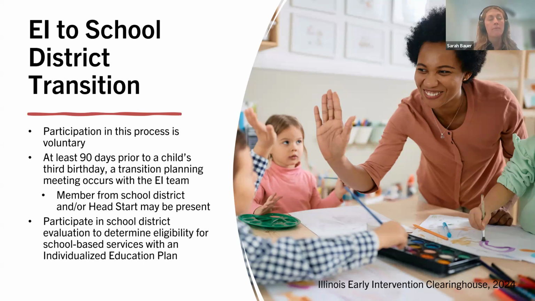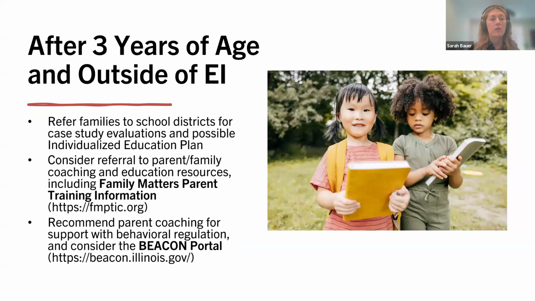If families have not been able to access early intervention, as I mentioned a couple paragraphs ago, I think bringing the conversation and talking to their local school district is important. They need to be referred to them in the Chicagoland area.